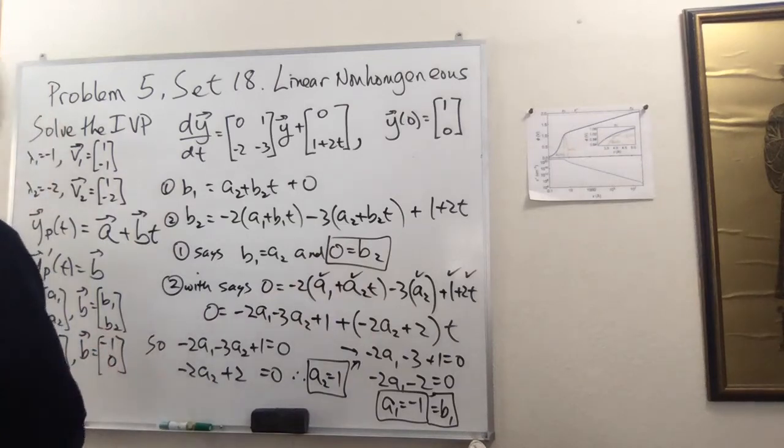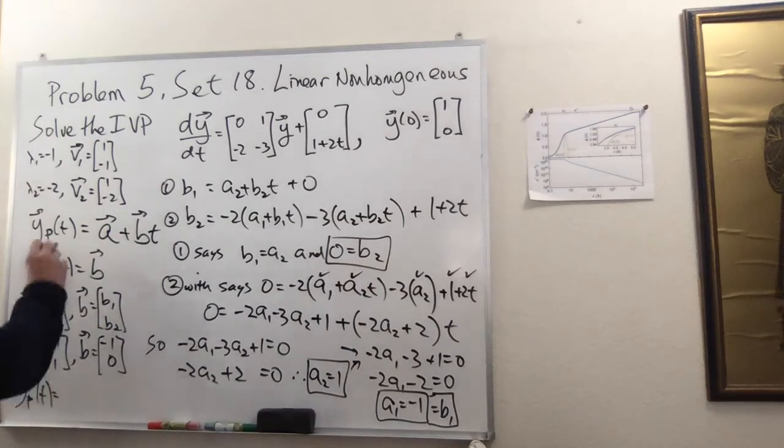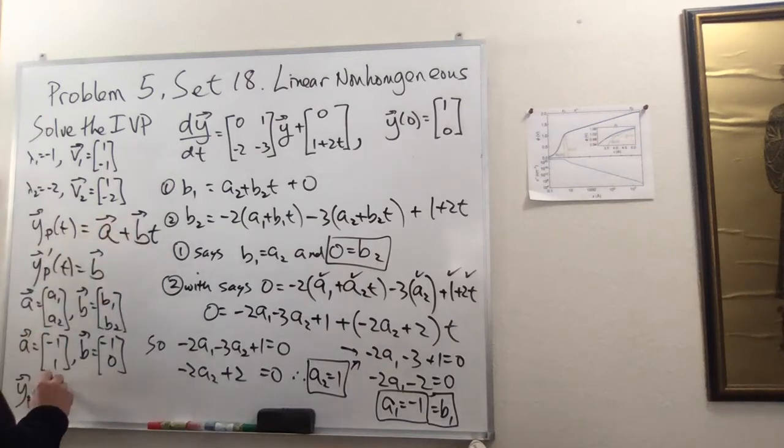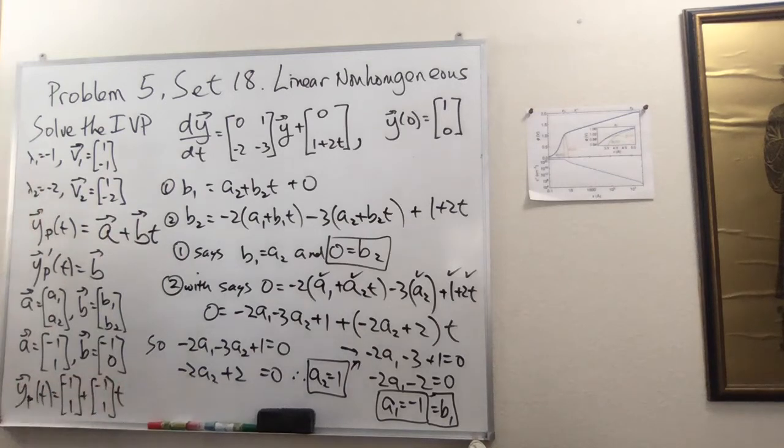All right, so that means, put that together, I get that YP of T is A plus BT. So I get -1, 1 plus -1, 1 T. No, it isn't.